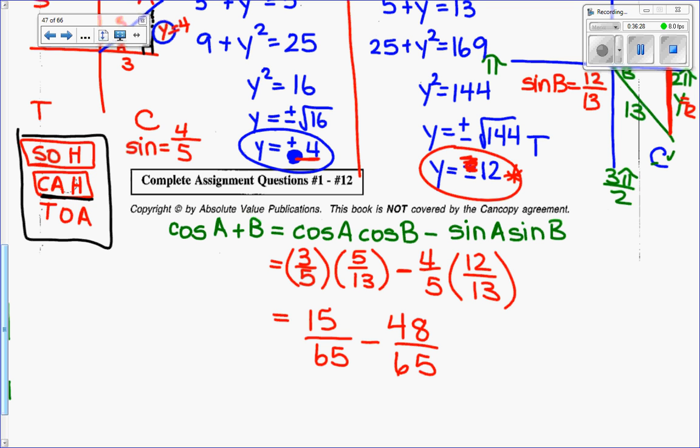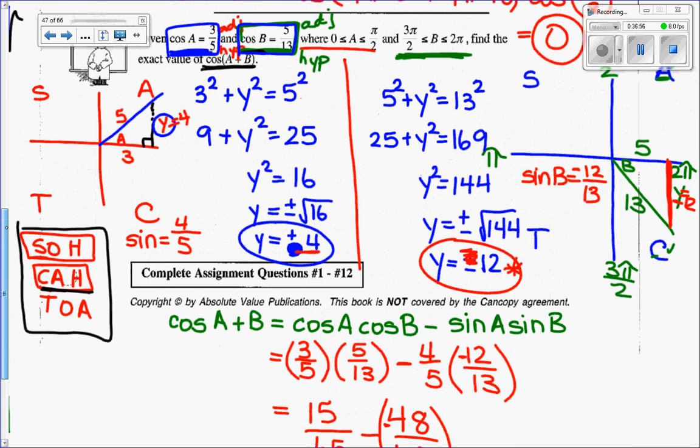Oops, I'm sorry, we have something wrong there. Y was negative 12, so this is negative 12/13. That's minus negative 48/65. So that's really 15 plus 48, which is 63/65.